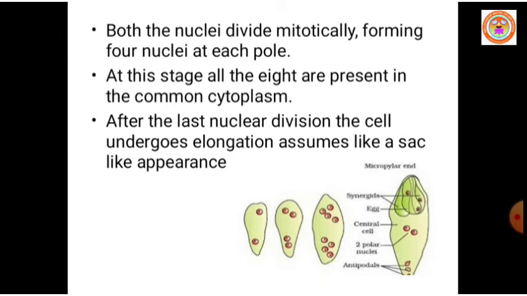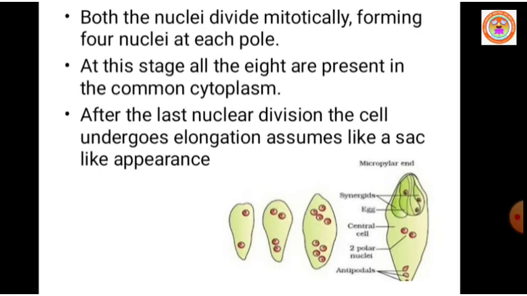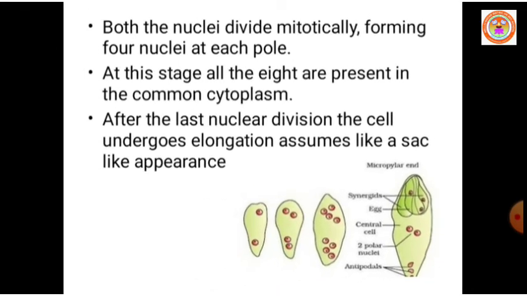So the 2 nuclei present in the megaspore divide mitotically, forming 4 nuclei at each pole. You can see the 4 nuclei at each pole. At this stage, all 8 nuclei are present in the common cytoplasm.